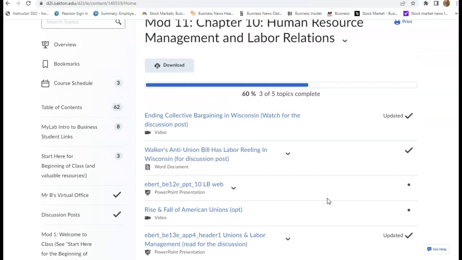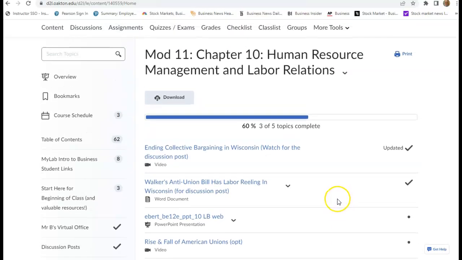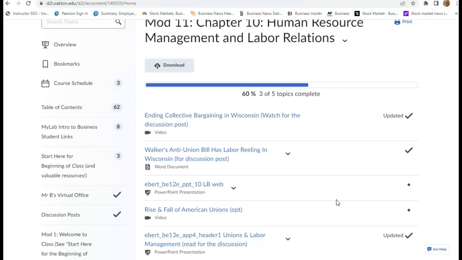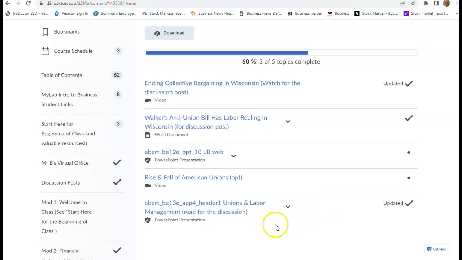And human resources is no small thing. There's a lot that goes on there. You're going to learn a lot about some of the laws that we live by and how that shapes how human resources works. And I think you'll find that a really interesting discussion.